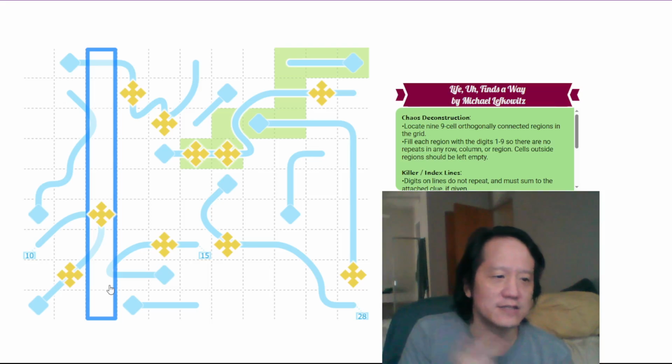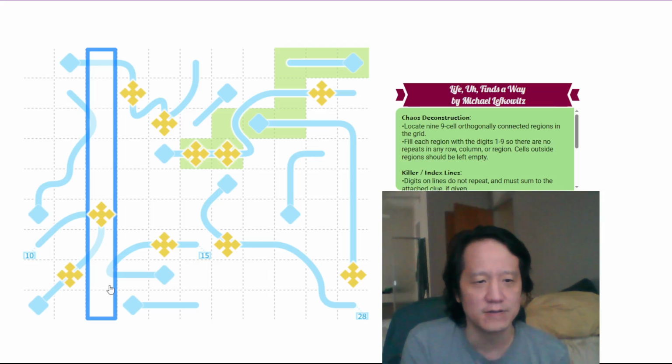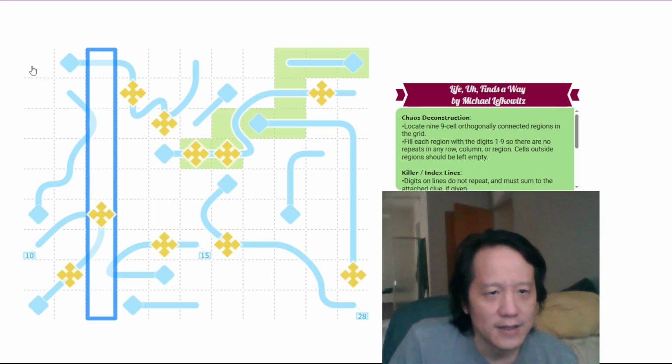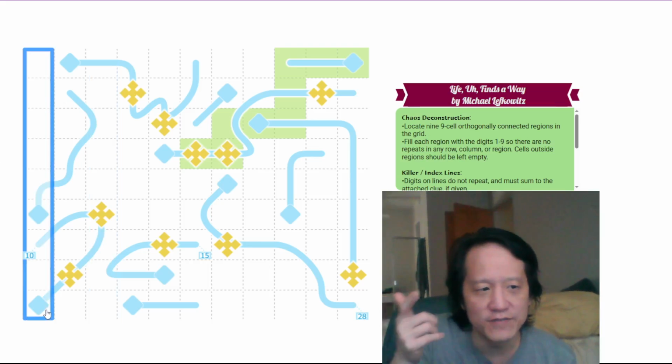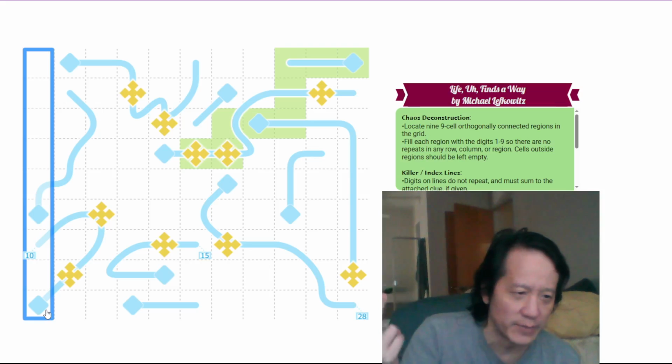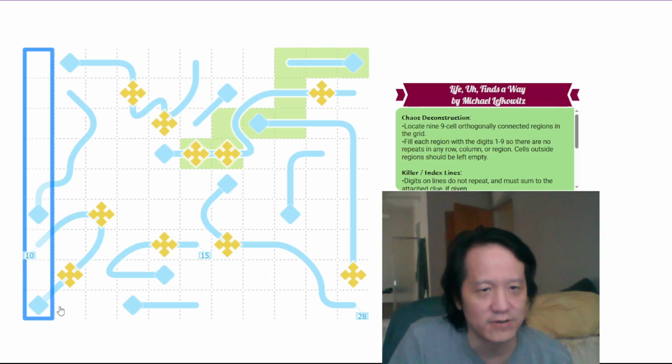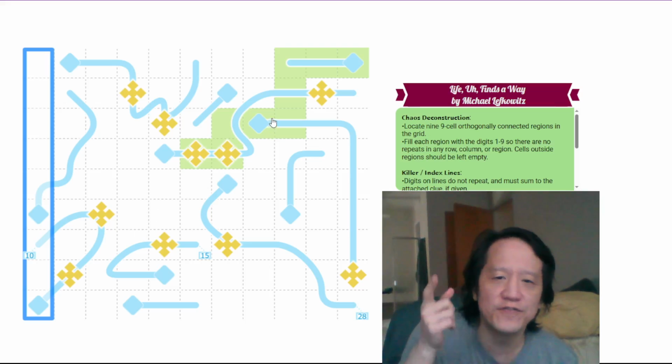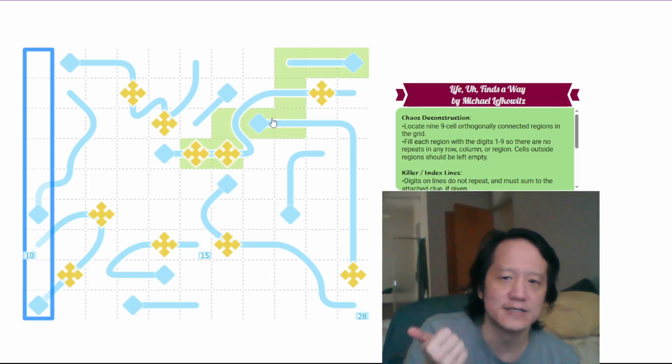Okay, so let's give you a hint. It's not really that much of a hint if you think about it, but basically it's a deduction that anybody can make. You have to fill 9 by 9 cells of the regions. All the rest are blank.